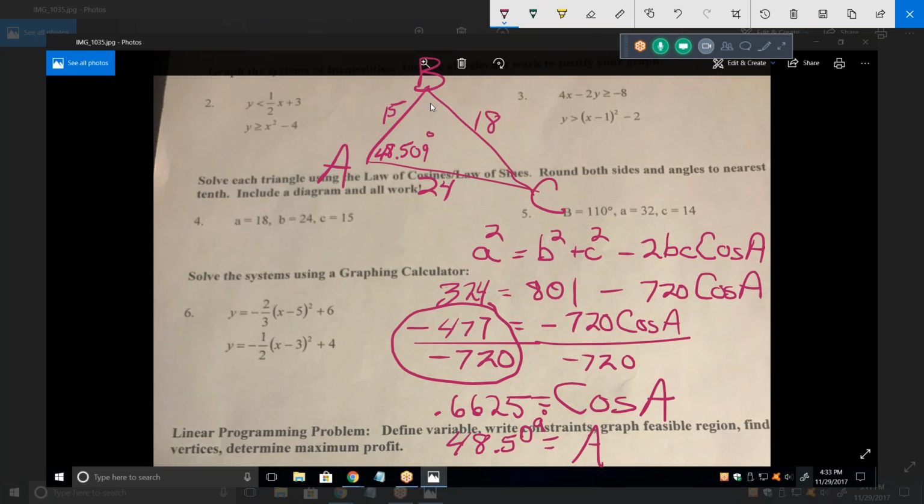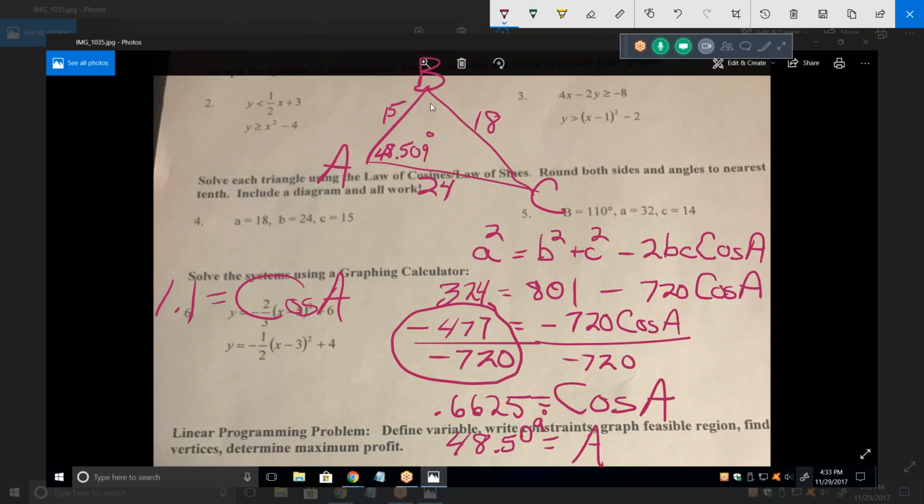You'll see why this matters. What if I'd gotten the cosine of A equals 1.1? What would that mean? Would your calculator be in the wrong mode? Cosine can never be greater than 1 or less than negative 1.